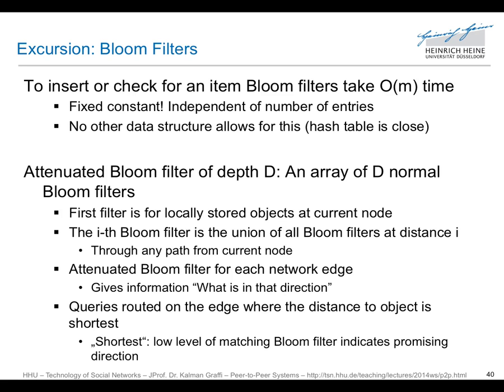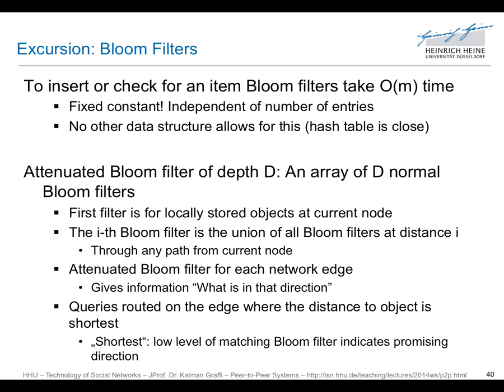So if we have 20 neighbors, it tells us in which direction of the different neighbors what kind of data might be. If I look into the Bloom filters of my neighbors and I'm looking for a specific file pattern, and out of these 20 nodes maybe just 5 have it, then I know that for these 5 it's more probable that the data is located in that direction than at the other 15. So it helps to redirect my random walk to find the data.